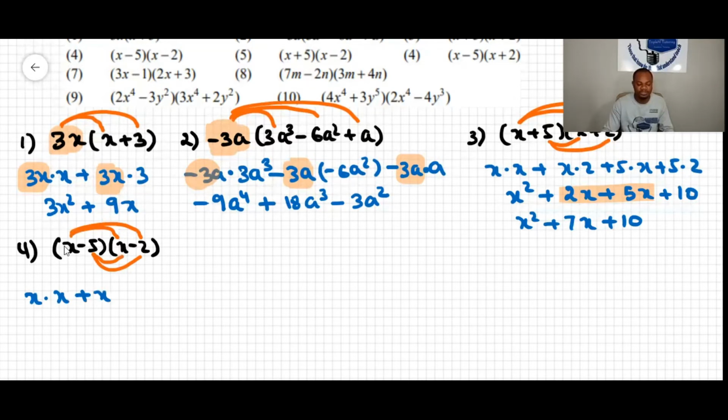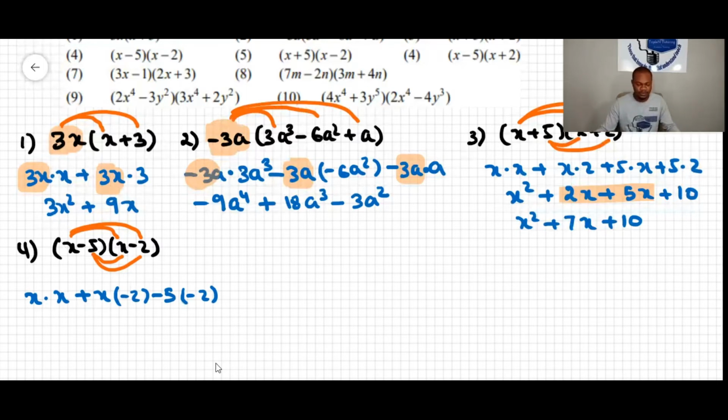So I take the positive sign, times -2. I'm going to use brackets here, times -2. And then -5. I take -5 because the sign is negative in front of 5. Times -2. Okay, and then now let's simplify. We expand. Now we're going to simplify.